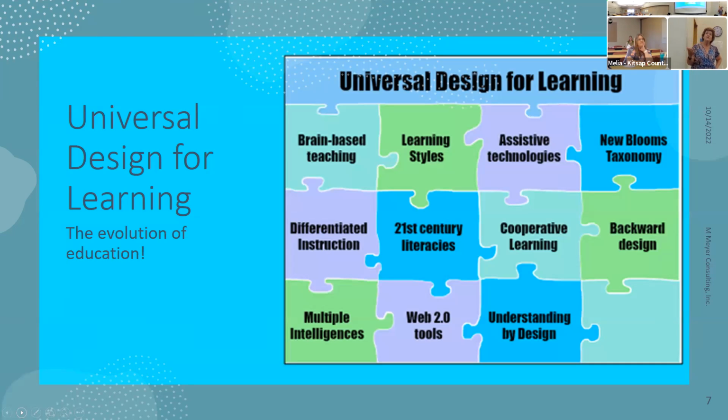It's the evolution of education. It's looking at brain-based teaching, learning styles, using a lot of assistive technology, New Bloom taxonomy, differentiation of instruction, 21st century literacies, cooperative learning, backward design, multiple intelligences, web tools, understanding by design.